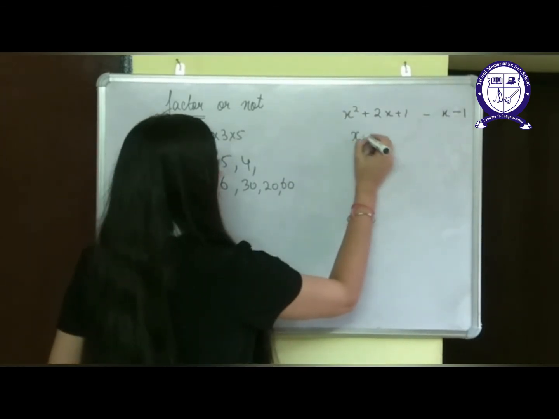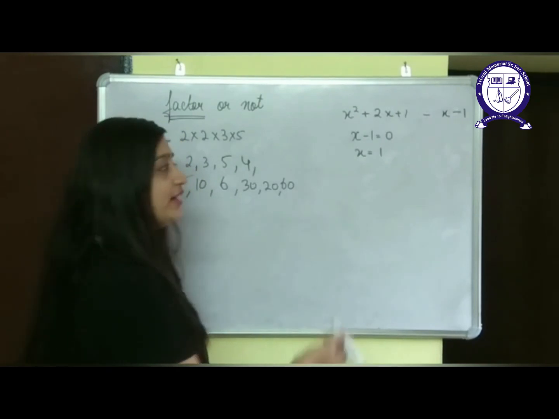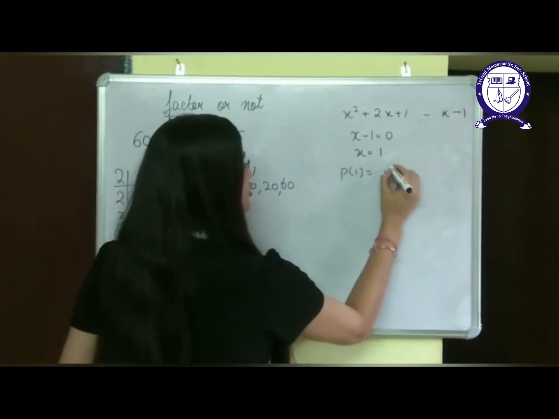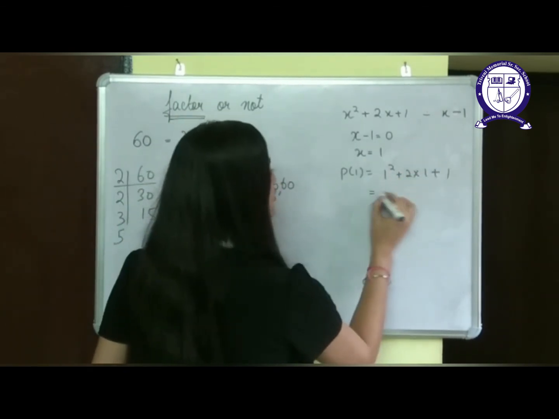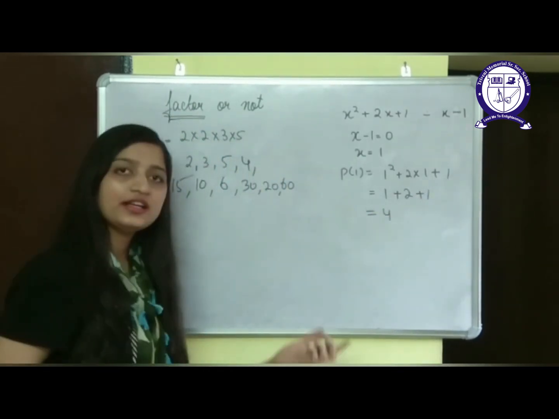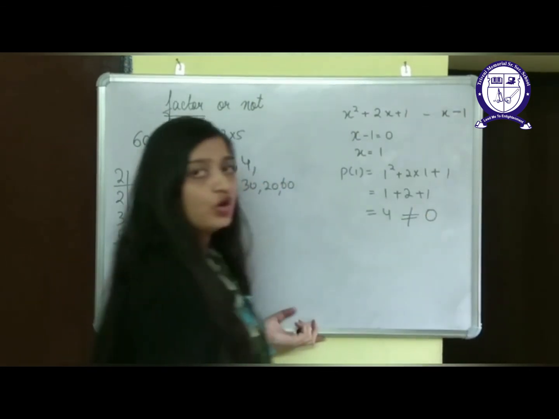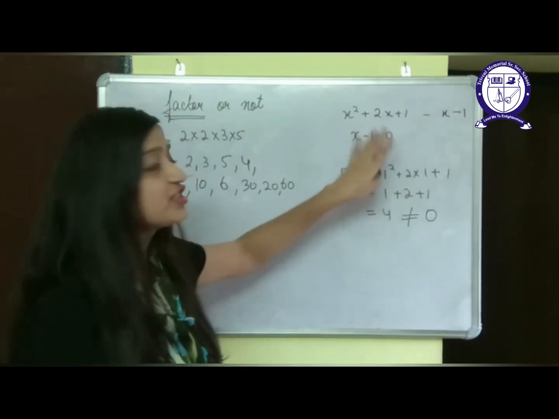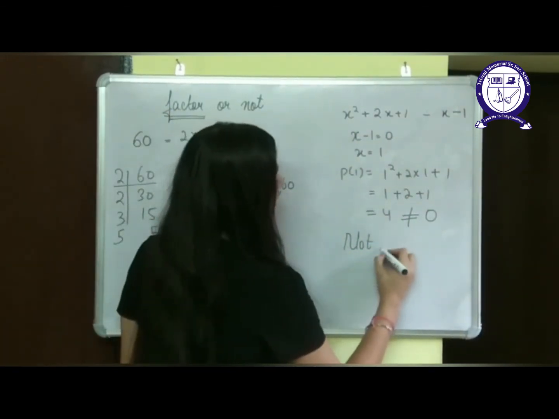So put x minus 1 equals to 0, my x will be 1. If I put 1 in this, my p1 will be 1 square plus 2 into 1 plus 1. It is 1 plus 2 plus 1, it is my 4. So the remainder is 4. Remainder is not equals to 0. So it means that x minus 1 is not a factor of the polynomial. So we will write not a factor.